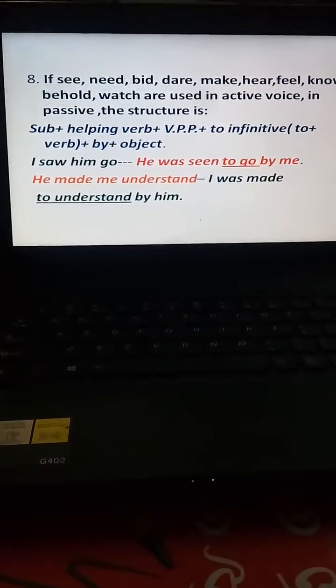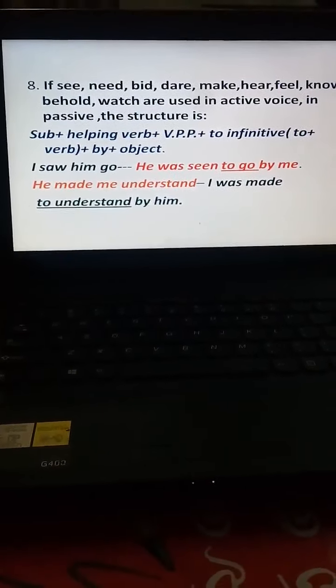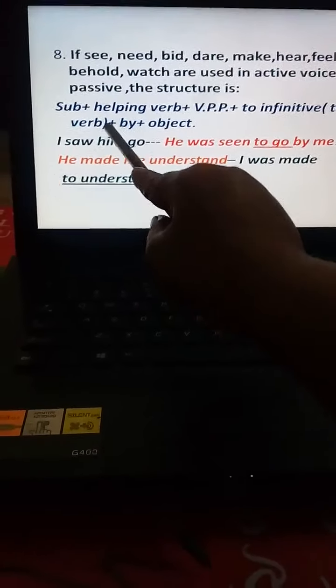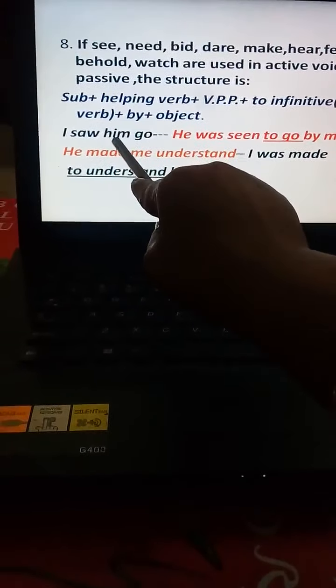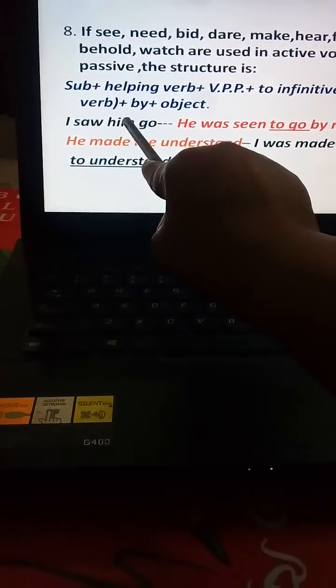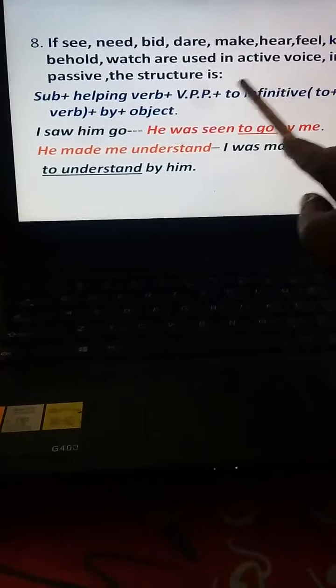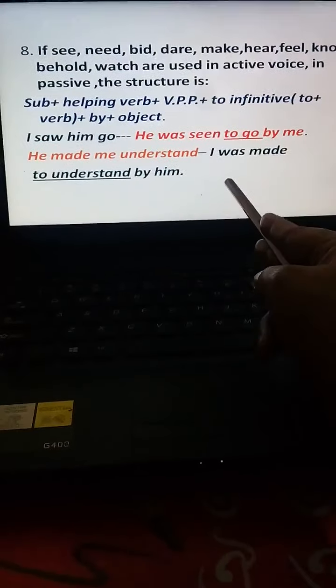So, I saw him go. Him is the object, so the subjective form of him, he, is used as the subject of the passive. He is the subject of the passive voice. He was seen to go.